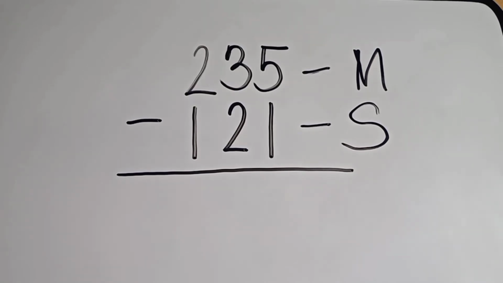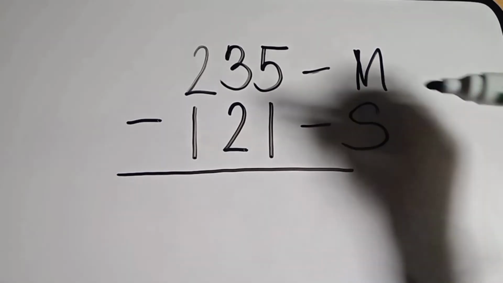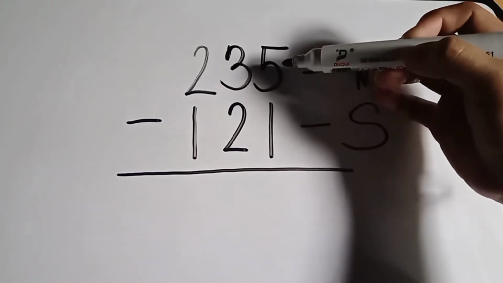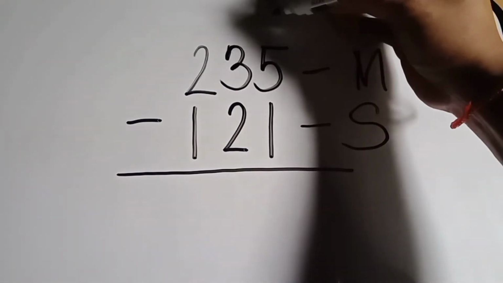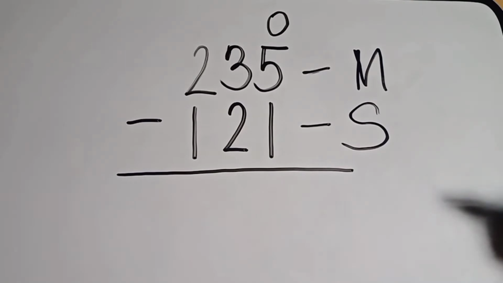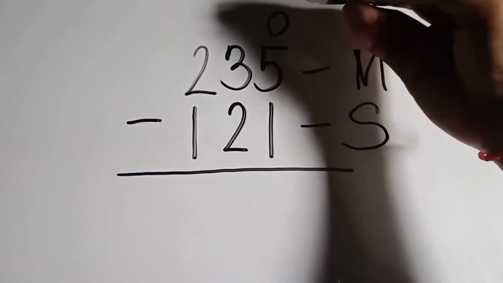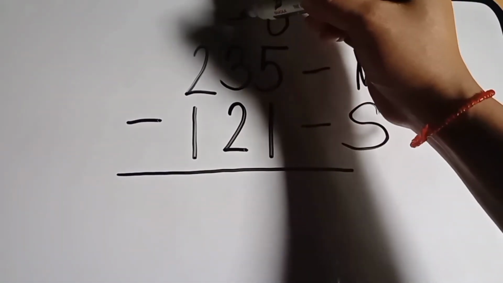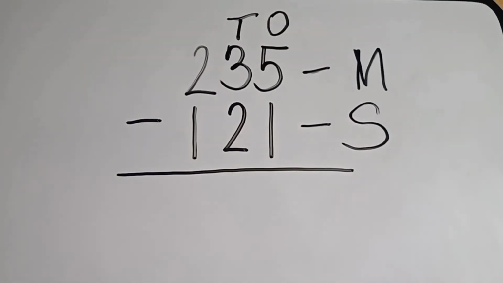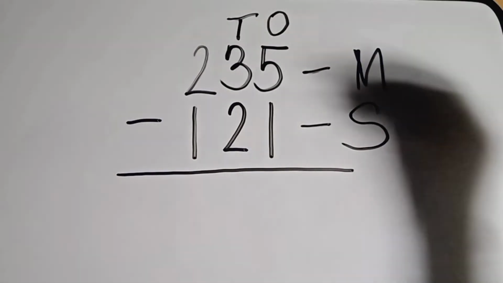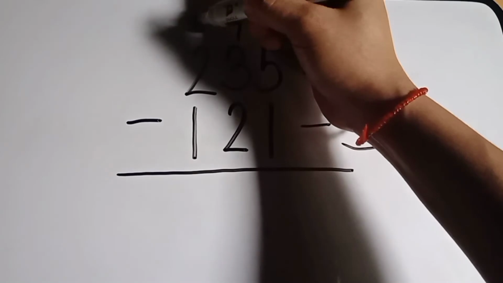All we need to do is to look first at the place values of these numbers. Our ones place is the number 5, our tens place is the number 3, and the hundreds place is the number 2.